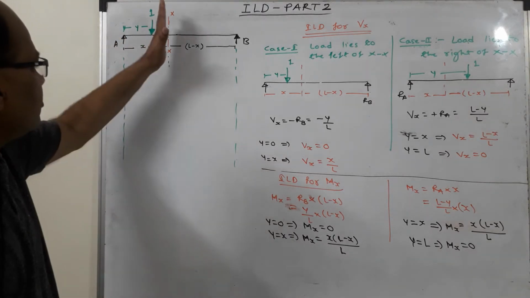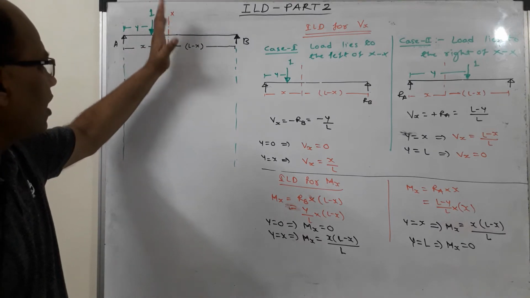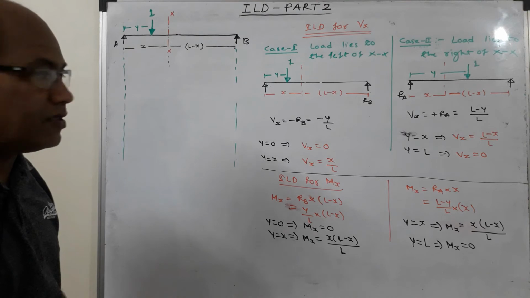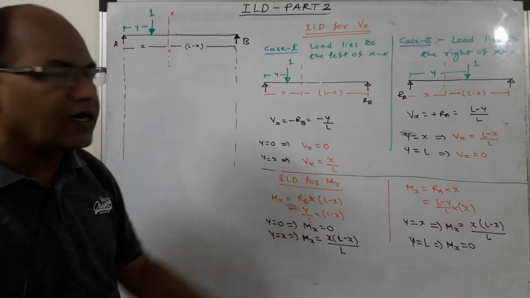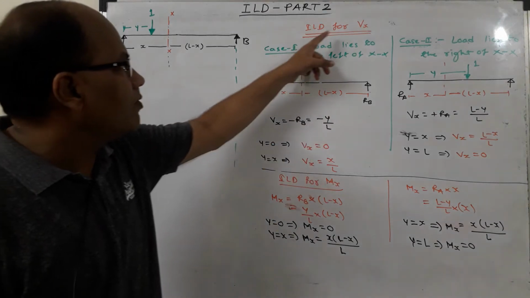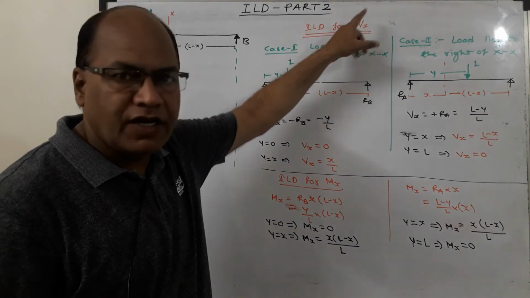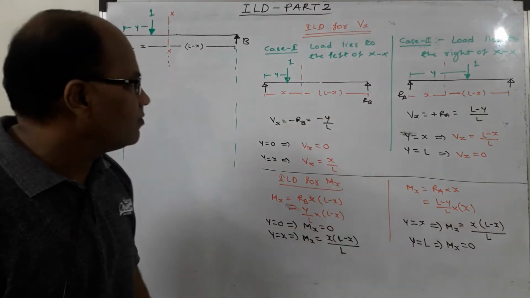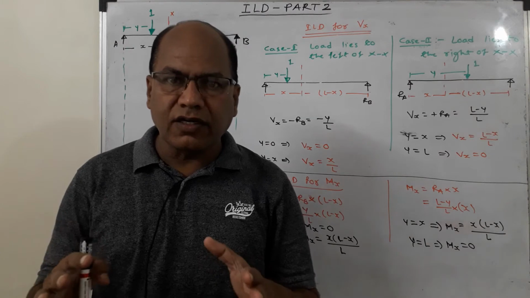Now my target is to get the ILD for shear force at XX and the ILD for bending moment at XX. So let us see how to get the ILD for shear force at the section XX. I am denoting shear force at XX as Vx. So ILD for Vx. Now in order to draw ILD for Vx, I am going to consider two cases.